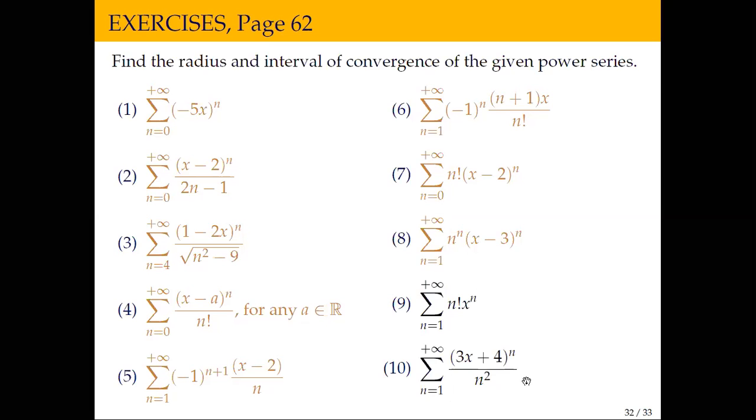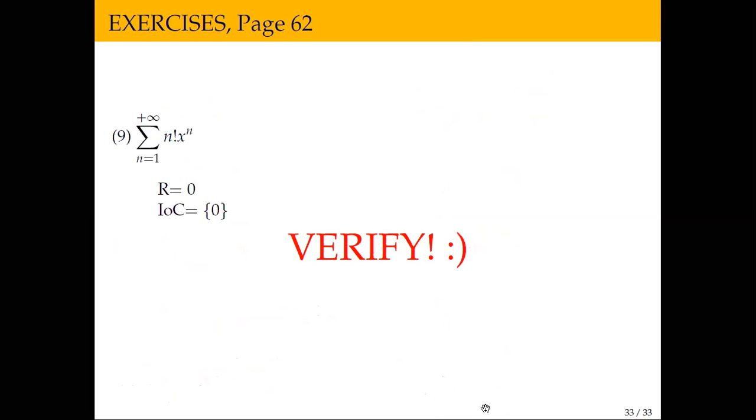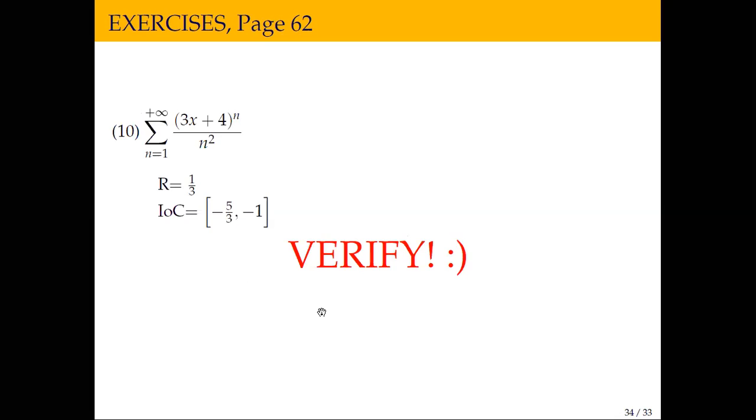For number 9, verify that its radius of convergence is 0 and its interval of convergence is the set containing the center. Verify that this is true. For number 10, verify that the radius of convergence is 1/3 and its interval of convergence is given by the following interval. So verify.